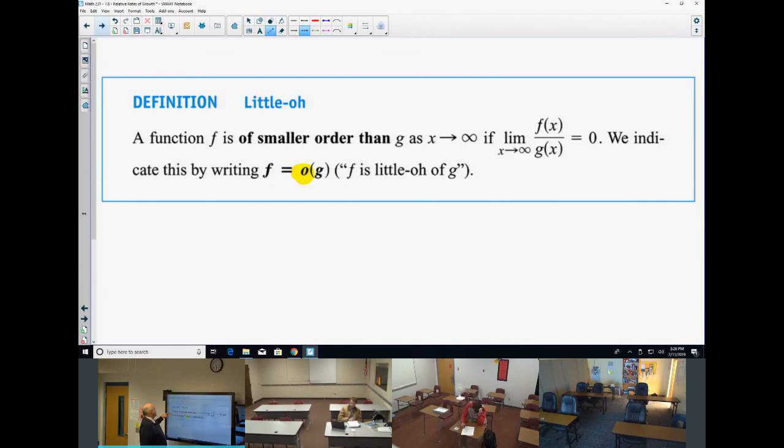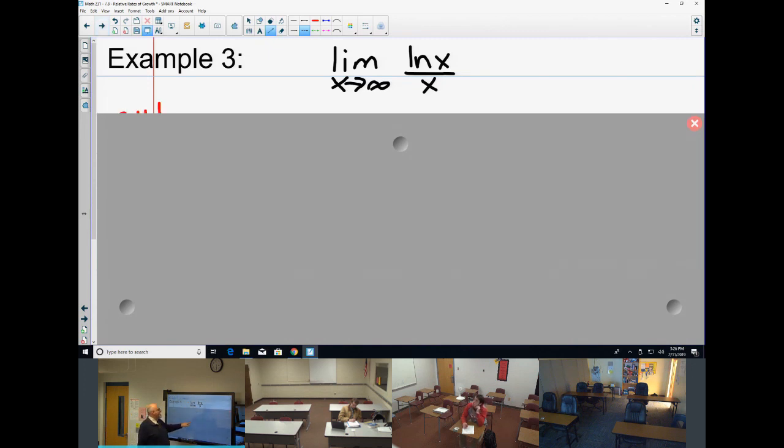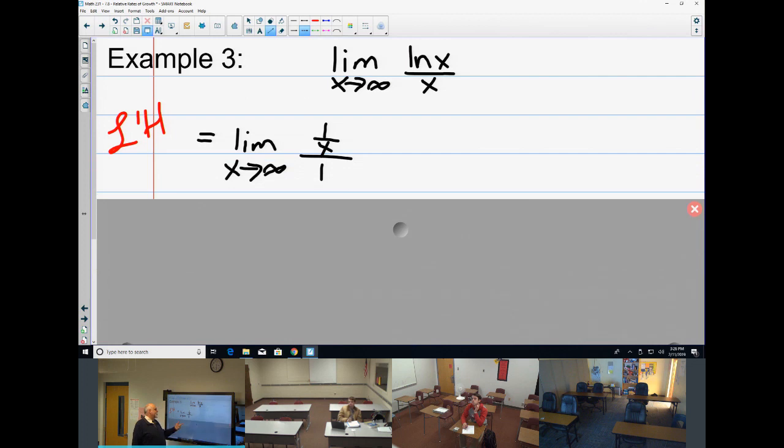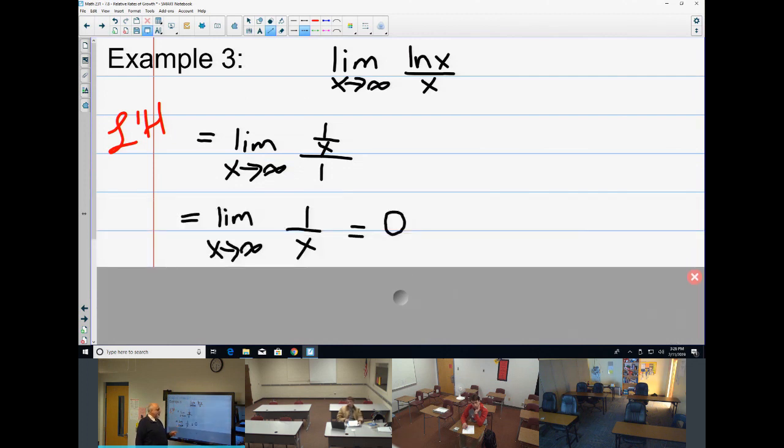So let's say my question is, I'm going to compare these and see which one is little o. We actually did this one similarly, where you get infinity over infinity, use L'Hopital's rule, take the derivative, and you get 1 over x, or 0.